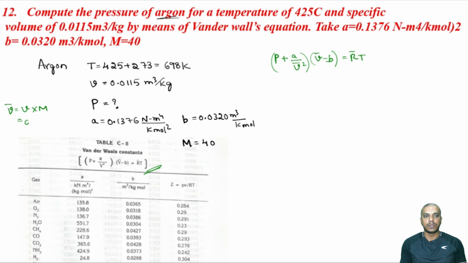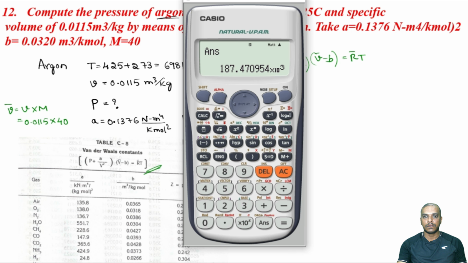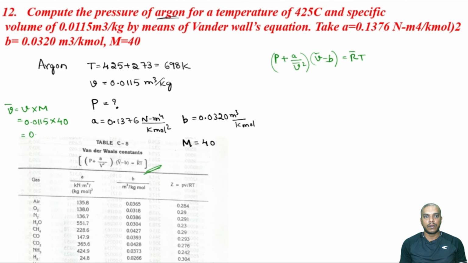So, 0.0115 multiplied by 40, we will have 0.46 meter cube per kg mole or kilomole.